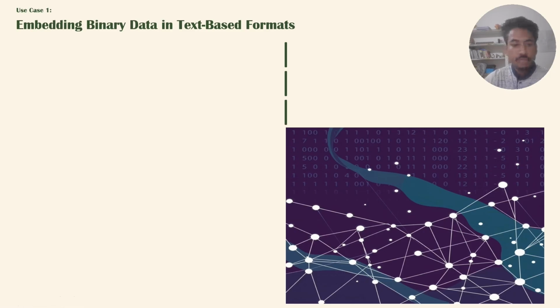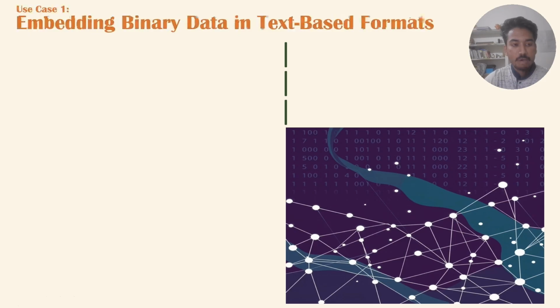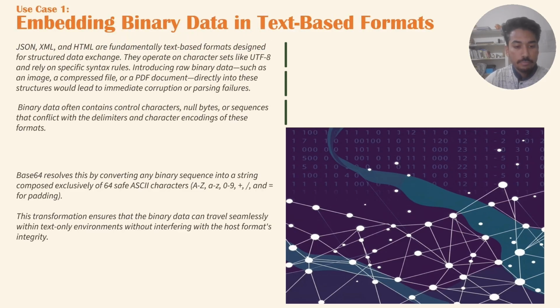So let's start with a really common use case, embedding files like images or PDFs inside formats like JSON, XML, or HTML. These formats are designed to handle text, not binary data. If you try to insert a file directly, it can break the structure or cause errors because it includes special characters that don't play well with text. That's where Base64 comes in.